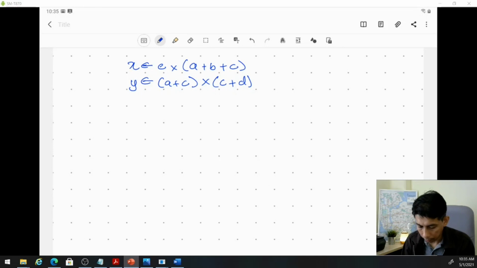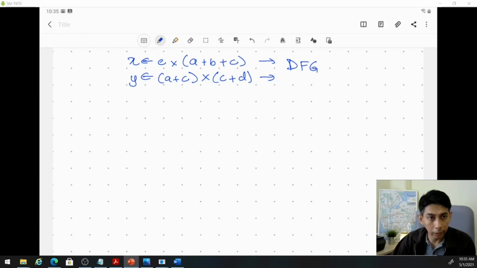Okay, so what we need to do first is transfer this to what we call a DFG, data flow graph. We have the equations already, so we can straight away design the DFG.